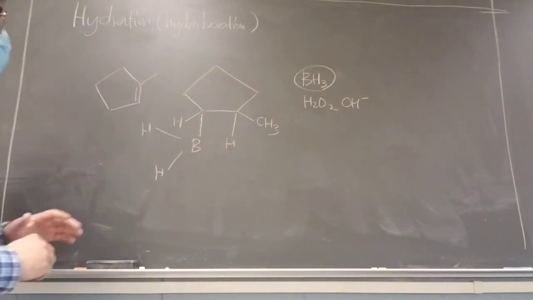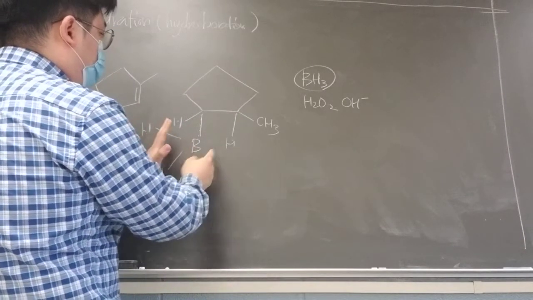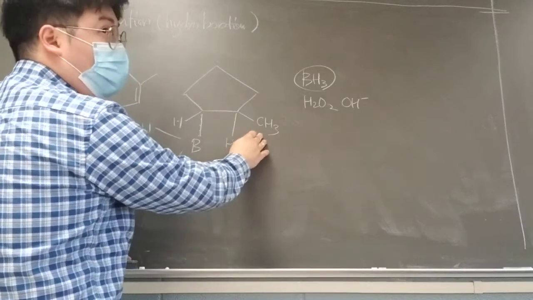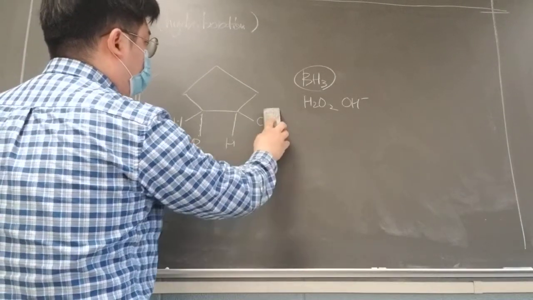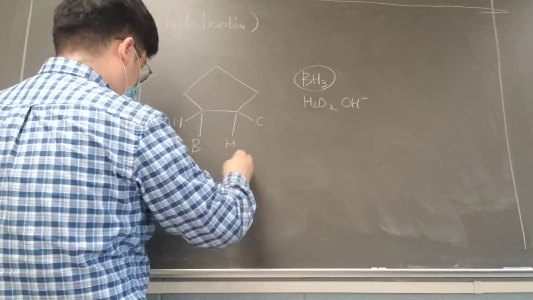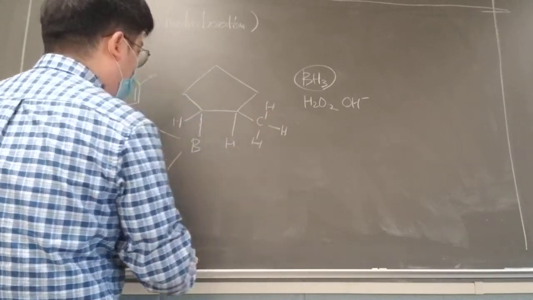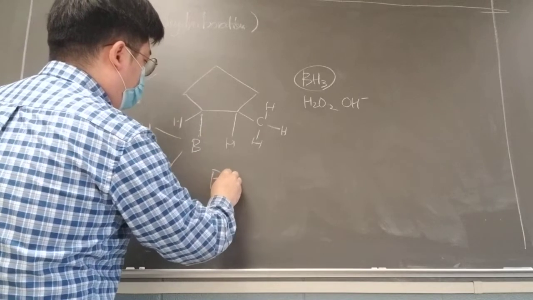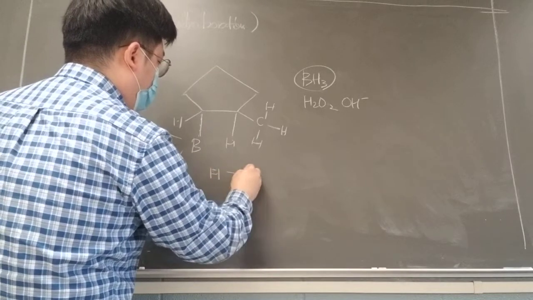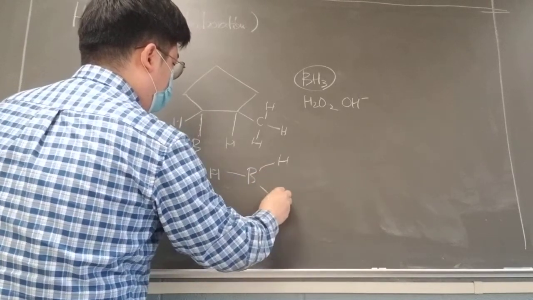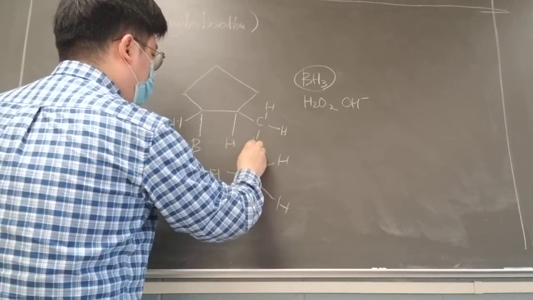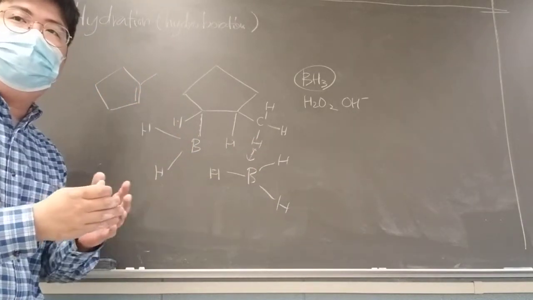Okay? So the reason why they're coming in this way is the methyl group over here. If you look at this one more precisely, this is actually what it looks like, right? So if the borane comes in this way, there will be quite a steric hindrance there, right?